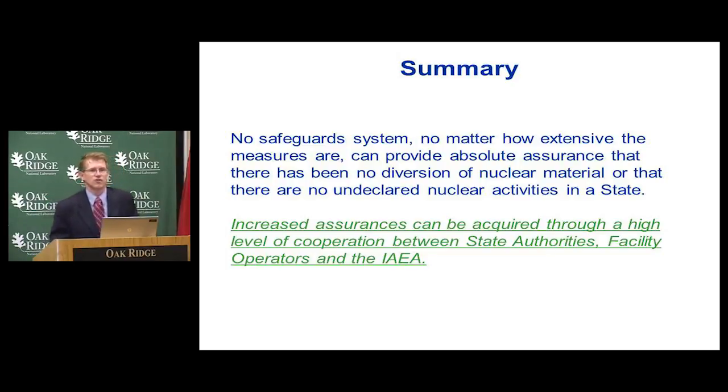If a country is under IAEA safeguards, the international community would like the IAEA to be able to say with 100% confidence there are no undeclared activities going on in this country. But to do that, they would have to have inspectors everywhere all the time looking at everything. And no country either A, wants that much involvement, or B, could we all afford that much involvement.